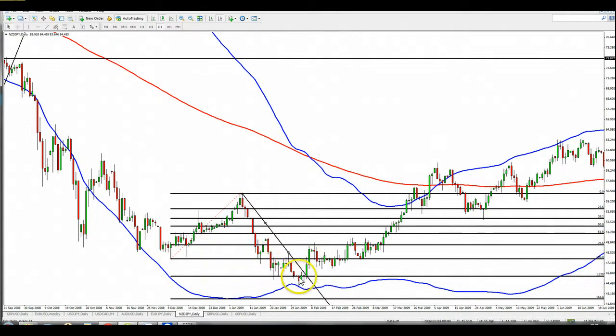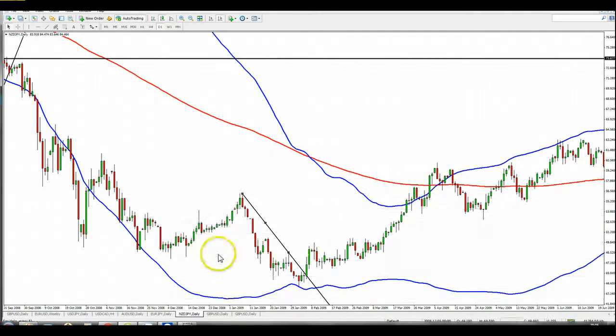So as you can see, the price came down and just extended beyond it. So that was a low, price came down, made a 1.27% extension, and then decided to skyrocket back the other way. So there's lots of little tips and tricks and exit strategies and take profit levels.